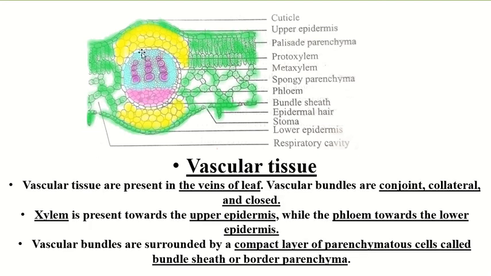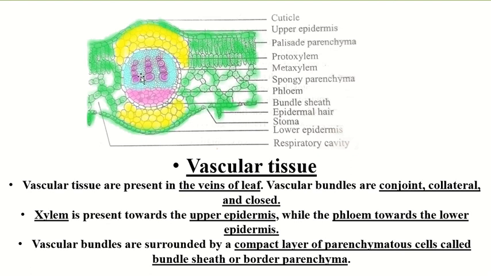Vascular tissue or vascular bundle. So this is the vascular tissue. Vascular tissue is present in the veins of the leaf. Already we discussed the veins in the venation video. Do check the description box to find the link for venation of leaf. And here the vascular bundle is conjoint, collateral and closed.